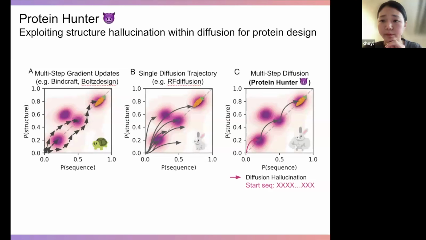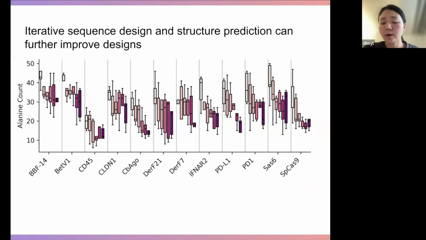So do I understand right that in the beginning, what sequence do you start with? All unknowns? Yeah, all unknown for the default setting. Okay, and then the model predicts helices mostly. Yeah, mostly helices. And then we think it's alanines. Although as helices, I think it doesn't always need to be alanine, but because the backbone atoms and the distance between the side chains are not fully optimized, this protein is just an alanine-based sequence.